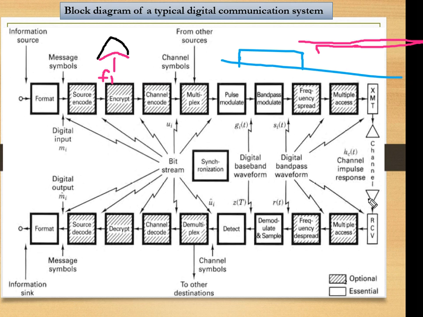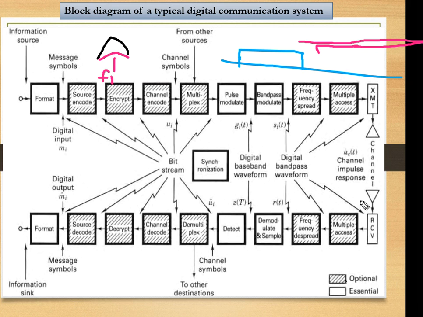So from electrical signal you go to electromagnetic, and from electromagnetic you go to electrical again. And from electrical you go all the way to the receiver until you receive your bits, and these bits again make video or image or audio or voice or text or whatever application. That's the magic of communication.